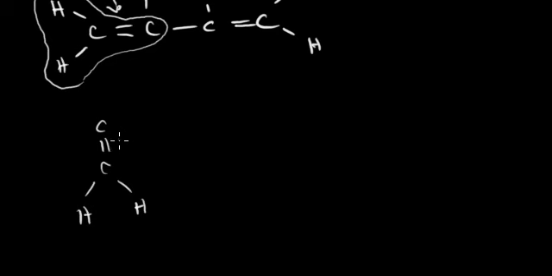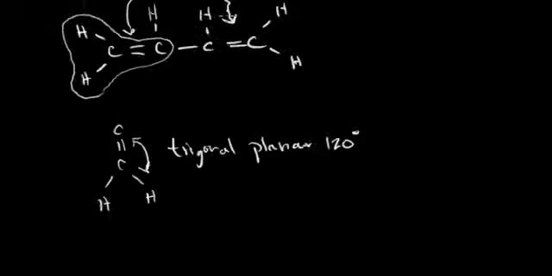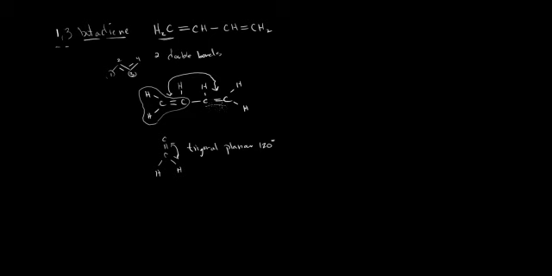And this represents a trigonal planar, and the bond angle is 120. Moving right along, going to the other side, we've got the same thing, don't we? So now we've got ourselves 2 trigonal planars.